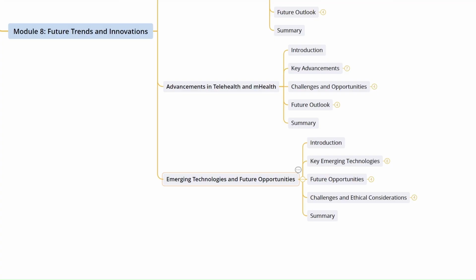Researchers and companies are exploring ways to harness these tools for improved diagnostics, treatment, and health system management.